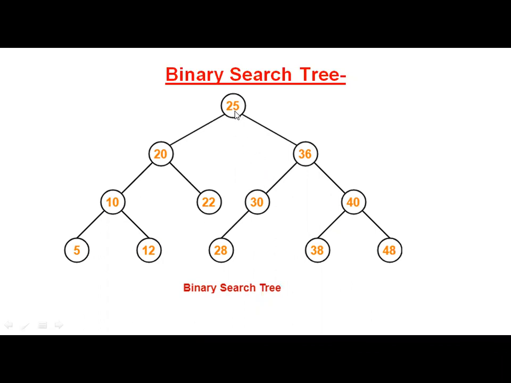Then such a binary tree is called a binary search tree. Just check: the root node is 25. In the left subtree, all the nodes are less than 25. And in the right subtree, all the nodes are greater than 25, greater than or equal. Sometimes equal also should come into the right subtree. So such a tree is called a binary search tree.